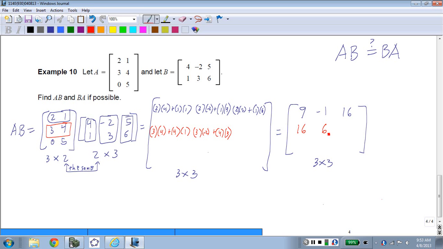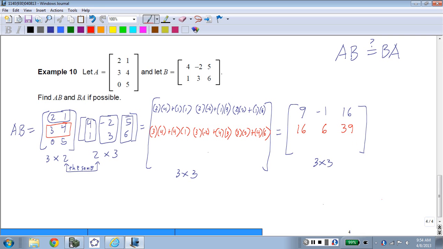And then for row 2, column 3, we multiply row 2 by column 3. 3 times 5 plus 4 times 6. And that's bigger. 15 plus 24 is 39, I think. Two down, 1 to go.